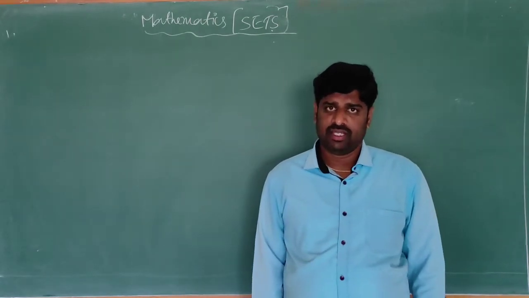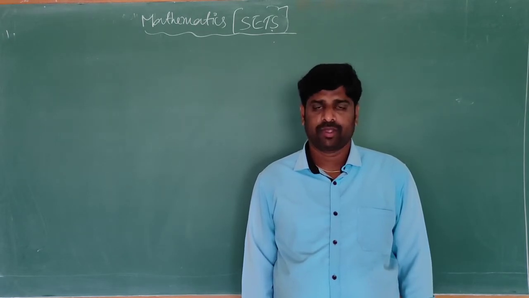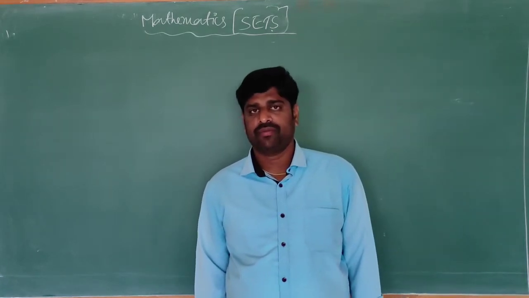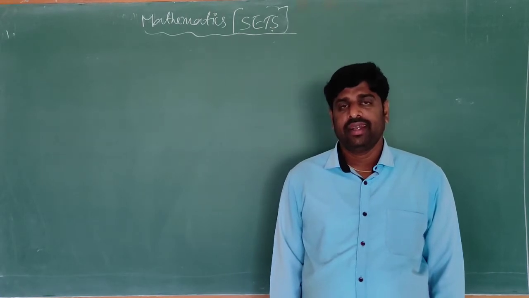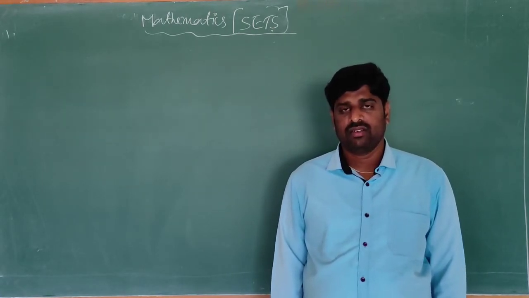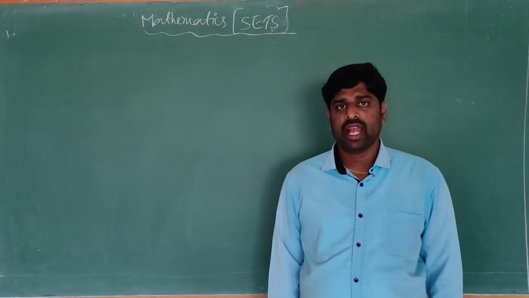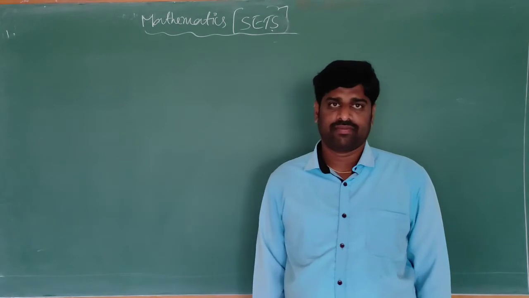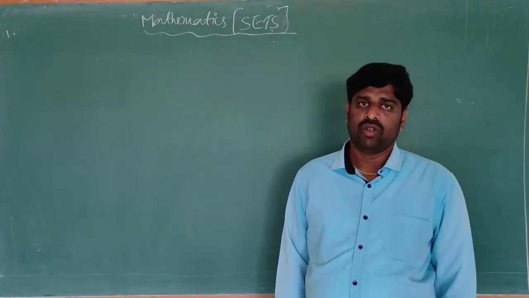Union of sets means the set of all those elements which belong to either A or B. Intersection of sets is the set of all those elements which belong to both A and B. Disjoint sets means A intersection B is equal to null.